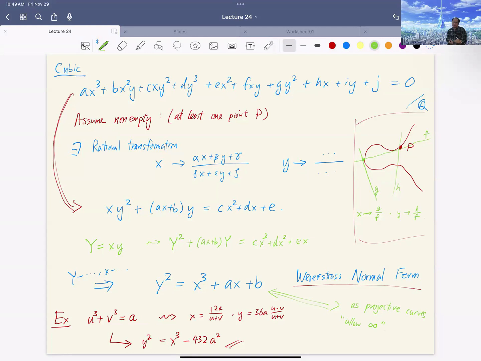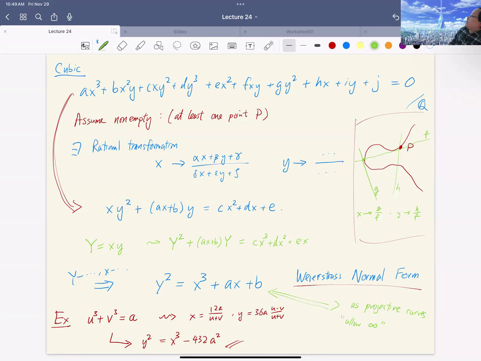If you don't like infinity, then you homogenize this equation by multiplying by Z appropriately. You get Z y squared equals x cubed plus a x Z squared plus b Z cubed, making everything degree three. Then you can allow Z to be 0. So there will be a single infinity point. In the picture, it will be something like a far away point above. You can think about it this way. So that's the first motivation.